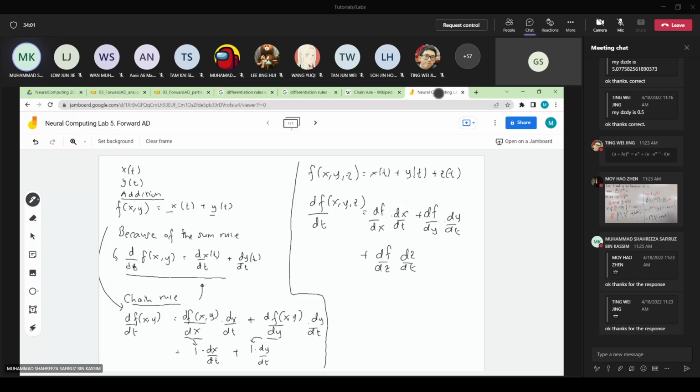Of course, it looks as if you're canceling the numerator and the denominator, but we're not actually doing that, because these are not fractions.